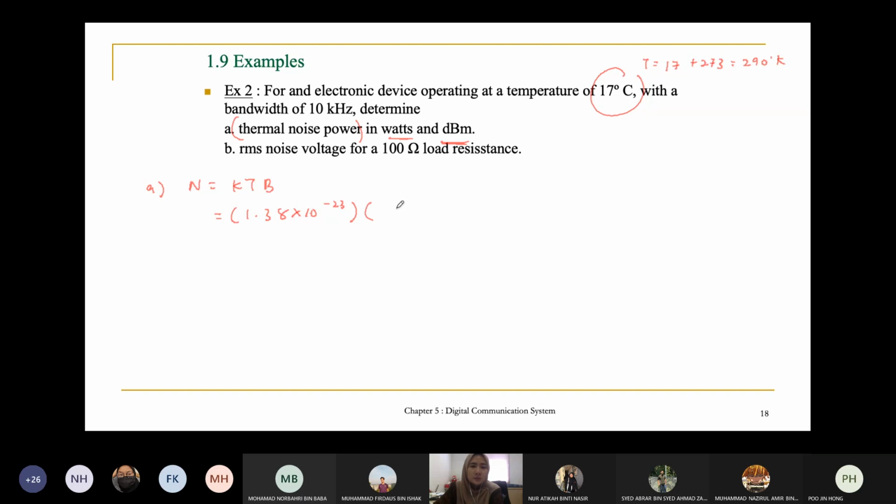Multiply with 290 Kelvin, multiply with the bandwidth. Your bandwidth is 10 kilohertz, so 10 K. You just multiply, and you should get 4 times 10 to the power of negative 17. And the unit for power is watts.